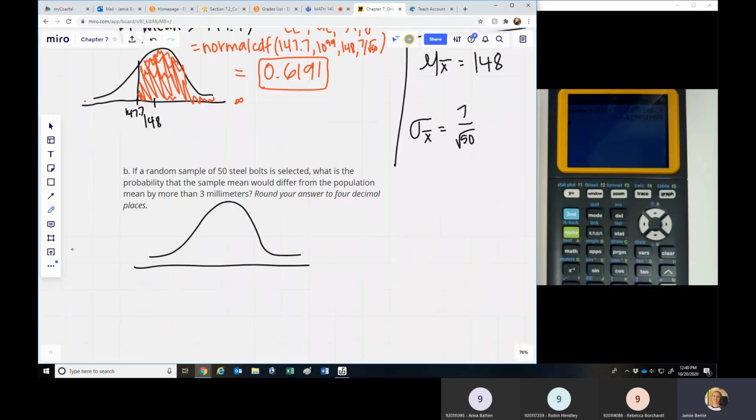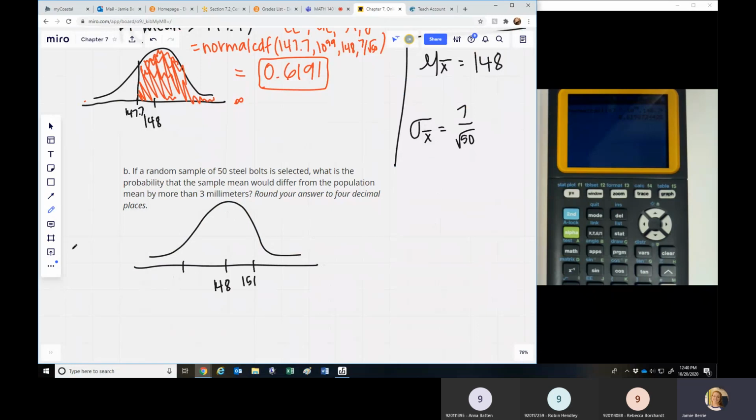Put your mean in the middle. Mean was 148. We can see it right there. It says, what's the probability that it differs from the population mean, which is 148, by more than 3 millimeters? So go up 3 and go down 3. If we went up 3, that would be 151.